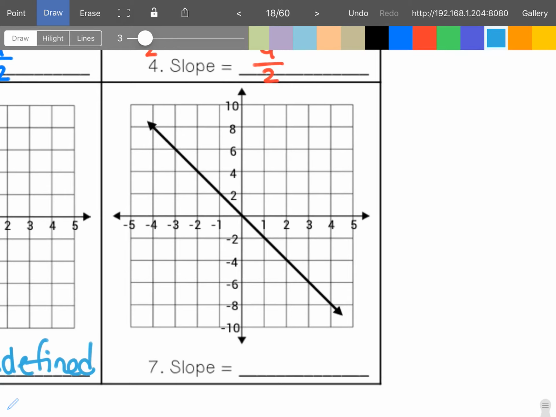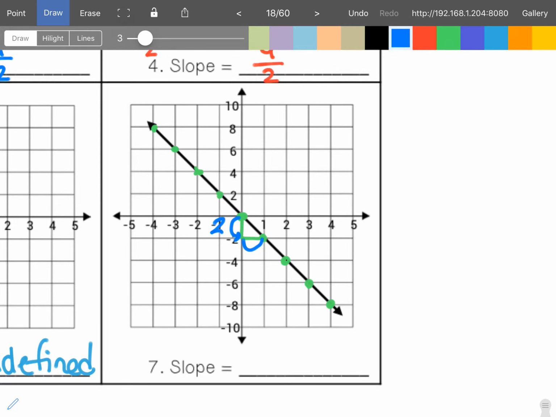Okay, last one. Find all your little points. Here's one at the origin. I see another one here. There's a bunch of them all along here. But we really only need 2. So if we look right here, we can say, okay, what is our rise? Well, from here to here. Now look, it's counting by 2s, so that's a difference of 2.